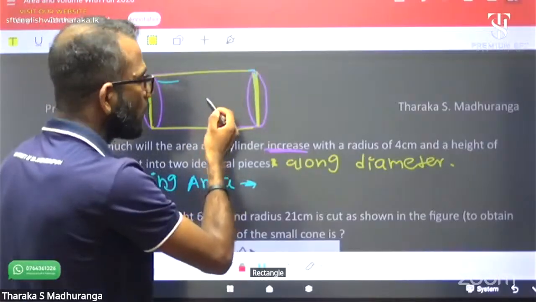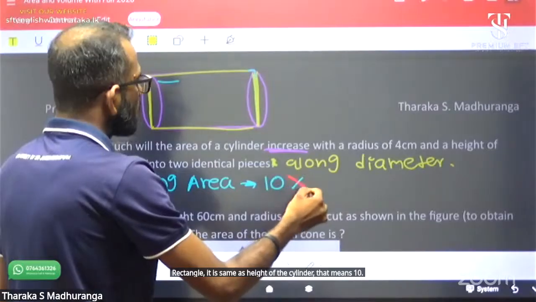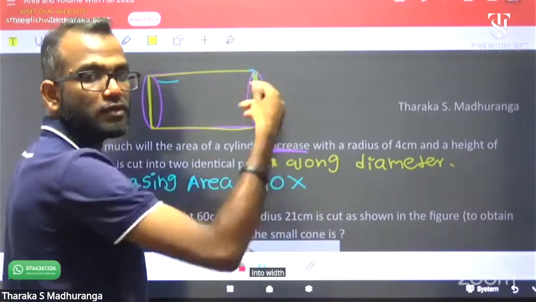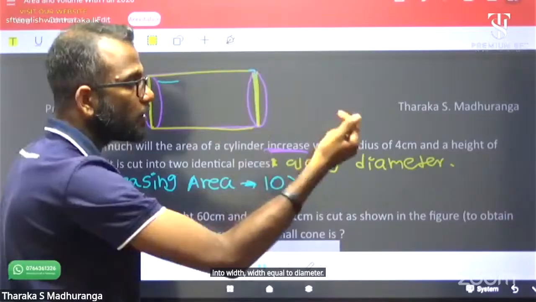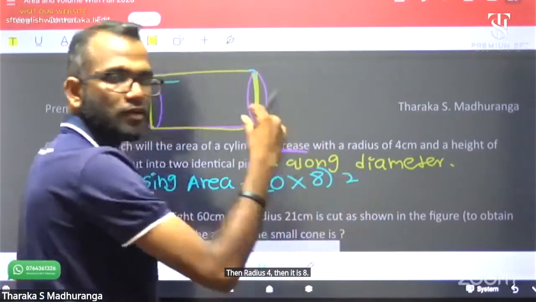It is the same as the height of the cylinder. That means 10 into width. Width equals diameter. Then radius 4, so it is 8. These are the two new surfaces.